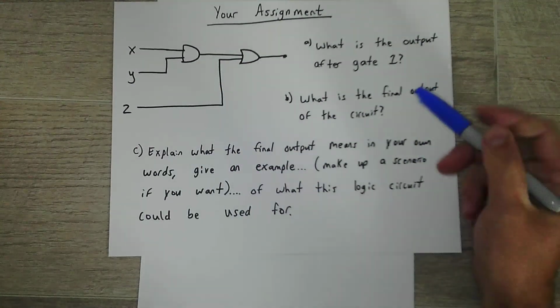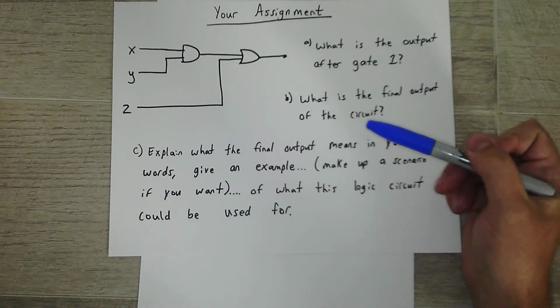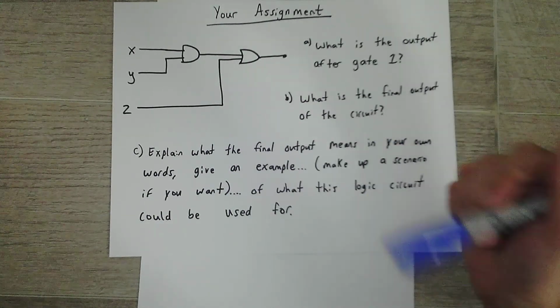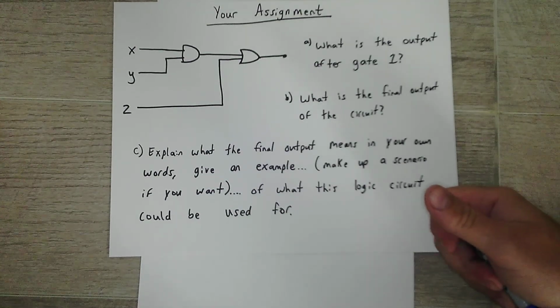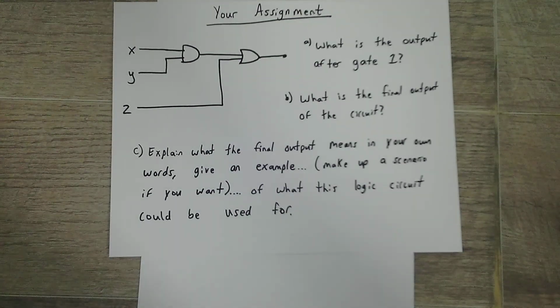Tell me what the output after gate 1 is, what the final output of the circuit is, and explain the final output, what it means, in your own words. It's kind of what I did with the first one, but now I want you to give an example. I gave an example of the nuclear reactors yesterday. Just like that, make up a scenario so I know that you understand in plain English what these logic gates are trying to say.